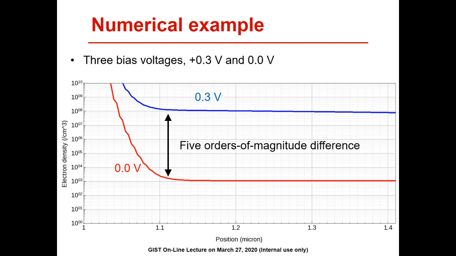At equilibrium, we can see that the depletion width is about 110 nanometer. The minority electron density at equilibrium is about 10 to the 3 per cubic centimeter. When the bias voltage is 0.3 volt, it becomes about 10 to the 8 per cubic centimeter, following the law of the junction.